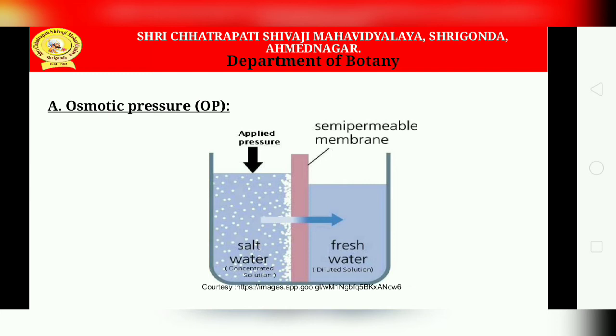The osmotic pressure of a solution is always higher than that of its pure solvent. It is directly proportional to the concentration of dissolved solute in the solution, so the higher the concentration, the higher its osmotic pressure. Osmotic pressure is measured in terms of atmospheric pressure.